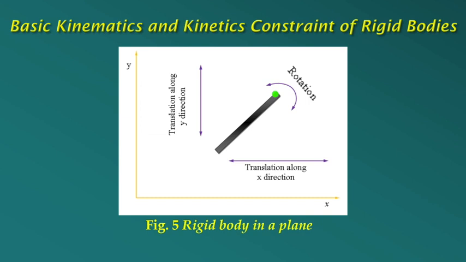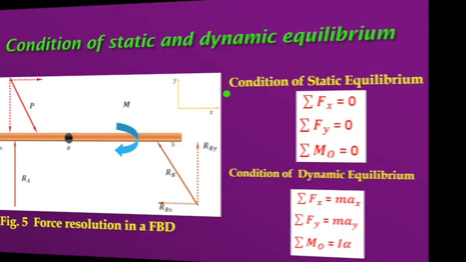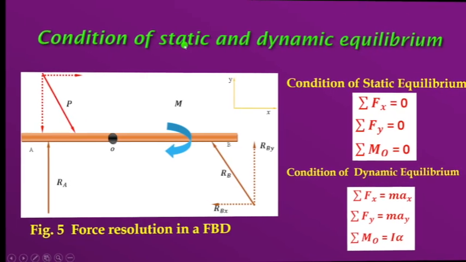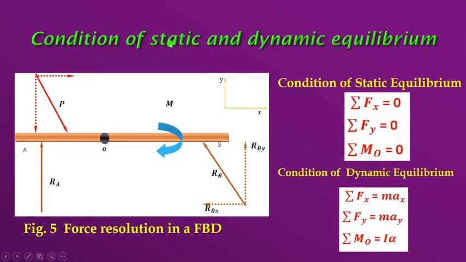Again, it is supported by another structure. And these supports restrict the movement of the body. This restriction is the constraints of the rigid bodies.